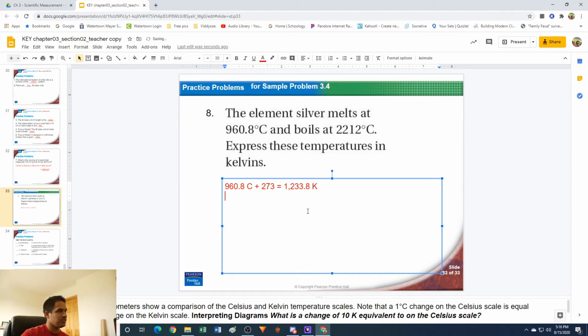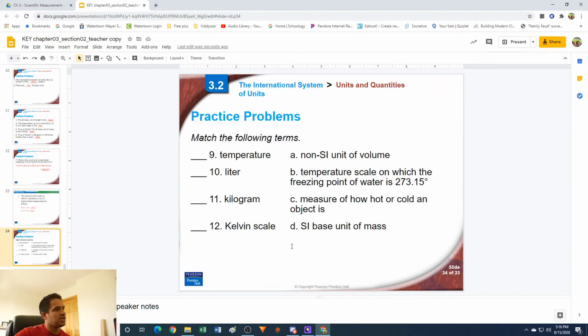That's the first temperature. And as for our second temperature, 2,212 plus 273 equals 2,485 Kelvin. So those are those 2 temperatures in Kelvin. Super, super simple.